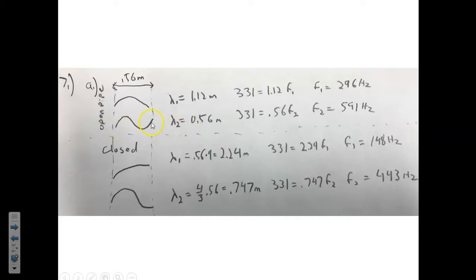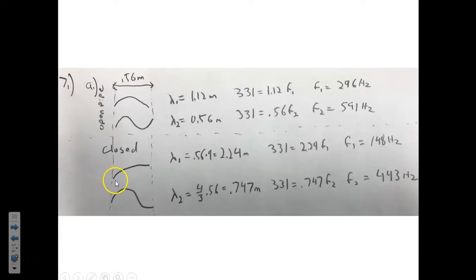So here we've got a full wavelength that fits between the ends of the pipe, and that tells us that lambda is the length, which is 0.56. So 331 equals 0.56 times the second frequency, which gives us 591 hertz.